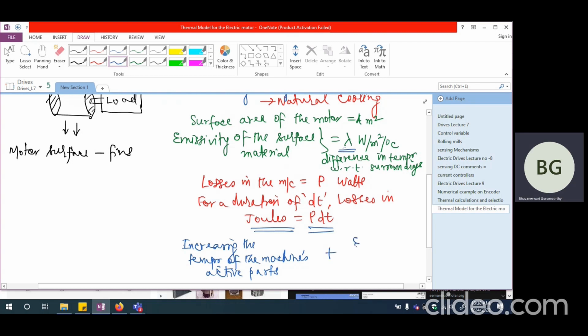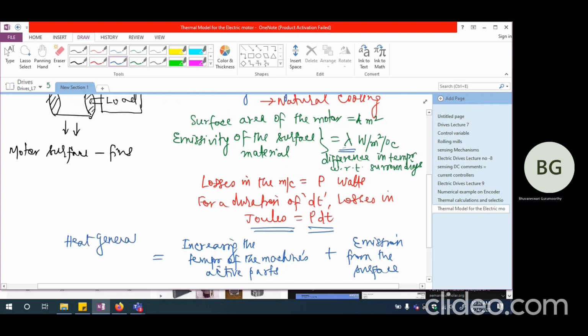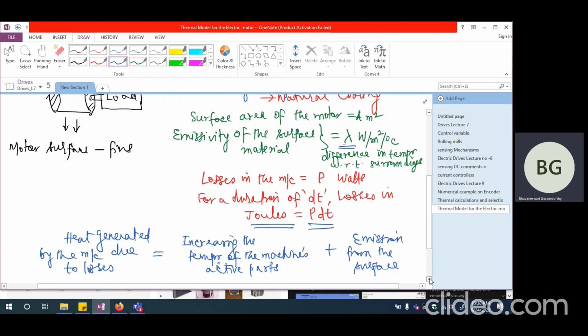And the second portion is emission from the surface. So the total heat generated by the machine due to losses, those losses are going to increase the temperature of the active parts of the machine, and part of it is also going to be emitted from the surface.